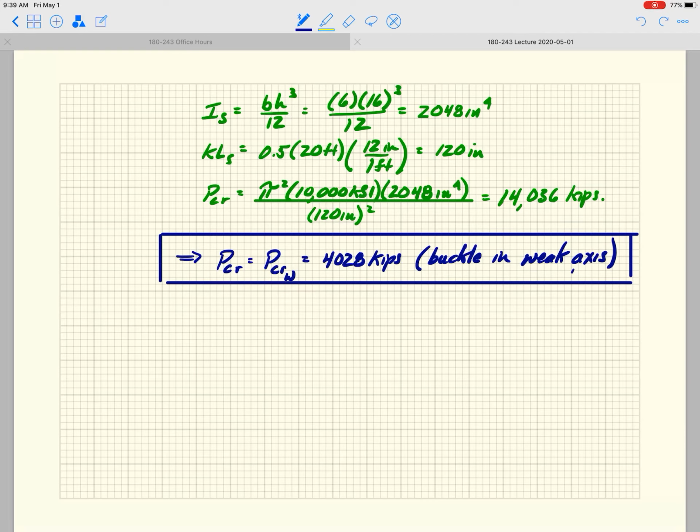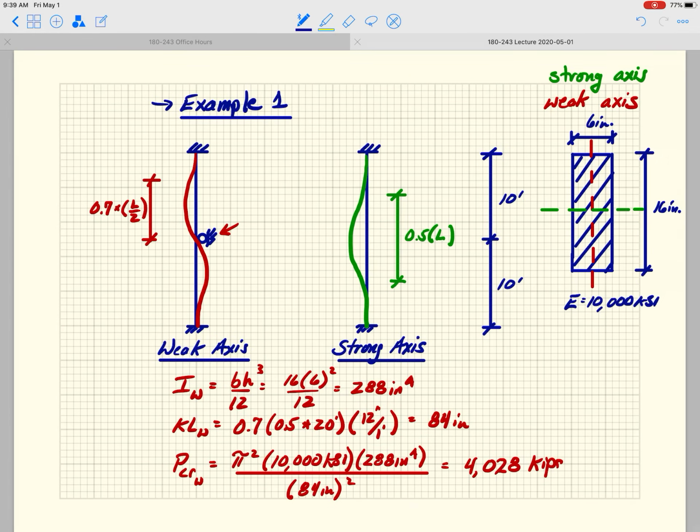The other thing I just wanted to mention quickly is that just because I use weak and strong axis, that does not mean that the weak axis will always govern, because I've got different boundary conditions here in the weak axis. So inherently it's going to have a higher buckling load.